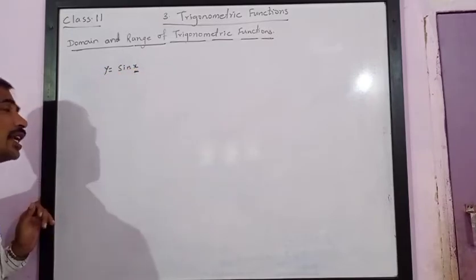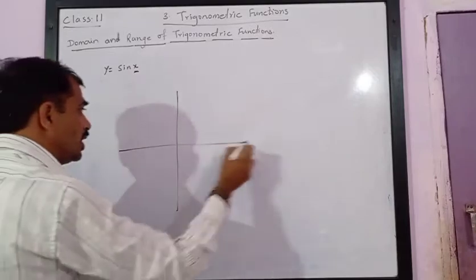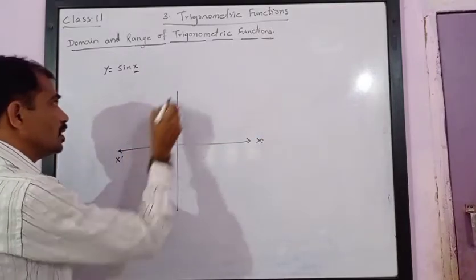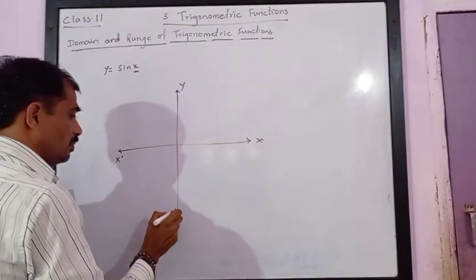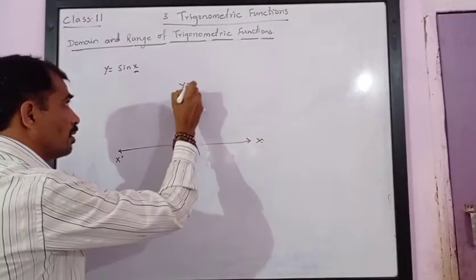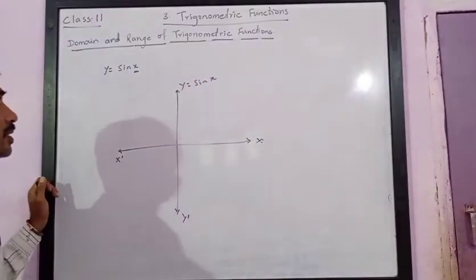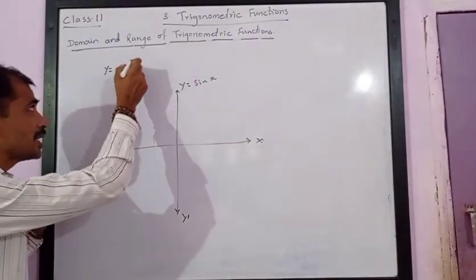Now try to understand this angle. We have already studied that this is the x axis and this is the y axis, and the function y equals sin x will be on the y axis. Now you can understand x can be any angle.